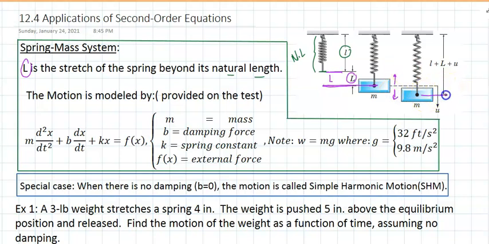From this point, we call this x of 0. If I push it down, that's positive. If I push it up, that's negative.